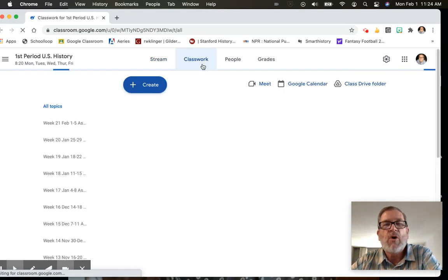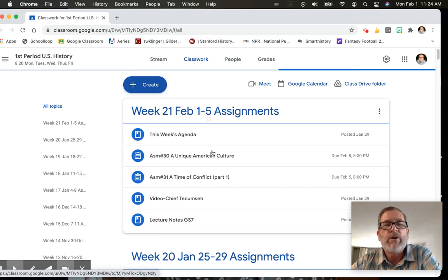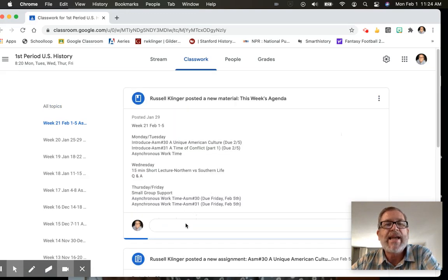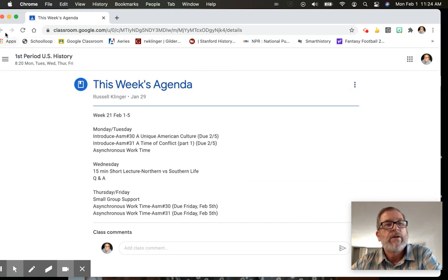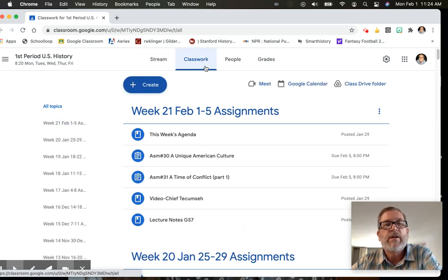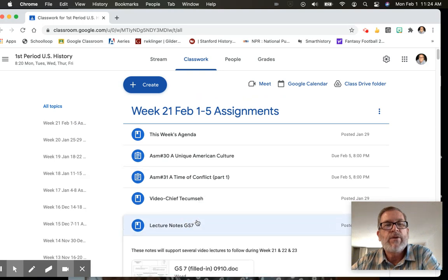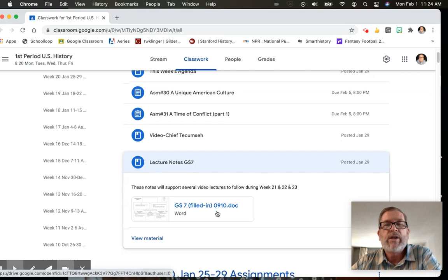And as always, my recommendation is to follow along with the notes, our lecture notes, GS7. Sorry for the delay here. Use those notes to guide you through this process. There's a lot of notes in this unit, in fact several pages of them, and we're going to break this up into different parts, in smaller chunks. But here are the notes for you.